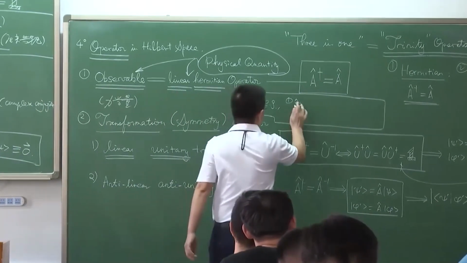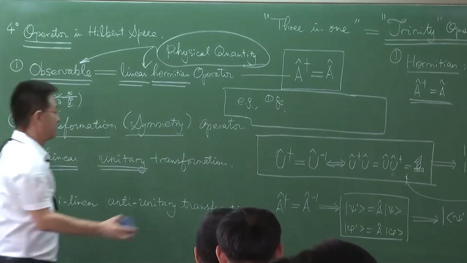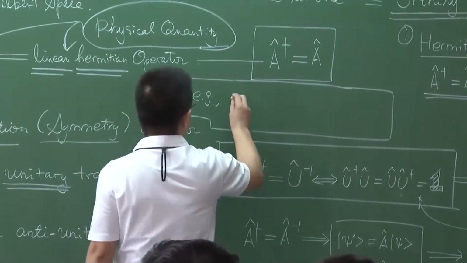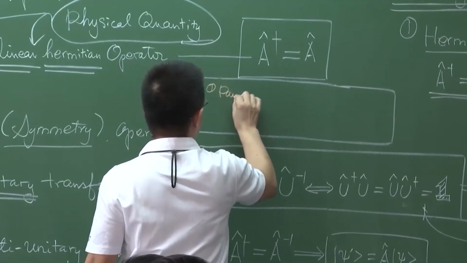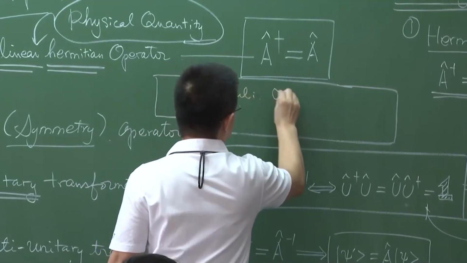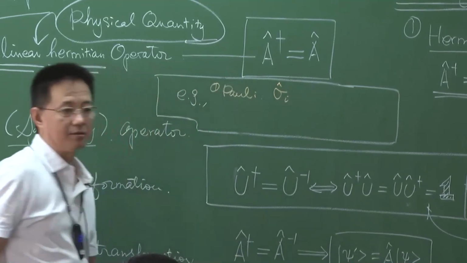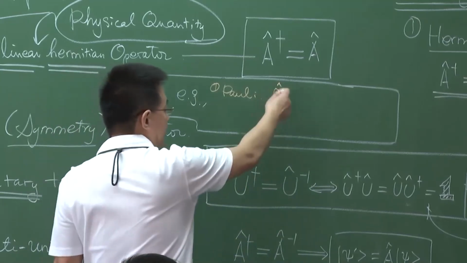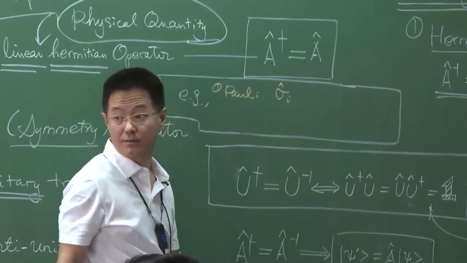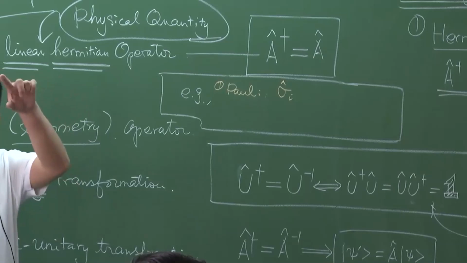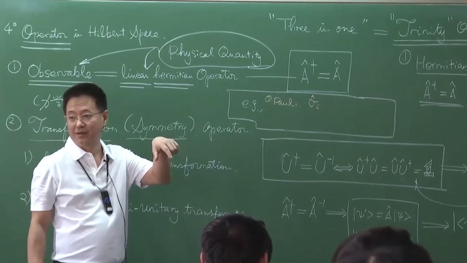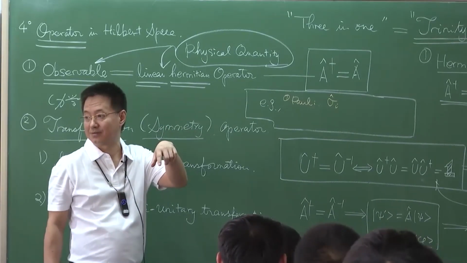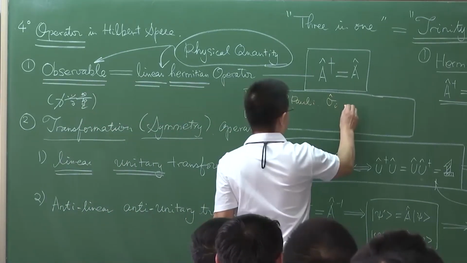Maybe it's better for me to write the Pauli operator like this: sigma_i, the ith component of the Pauli operator, because sigma_i squared is equal to 1, right? And sigma_i dagger is equal to itself. And so sigma_i dagger is equal to its inverse. Okay, so this is one thing.